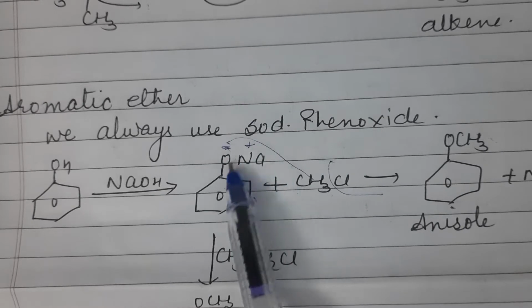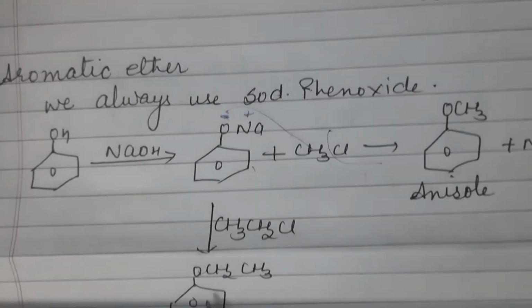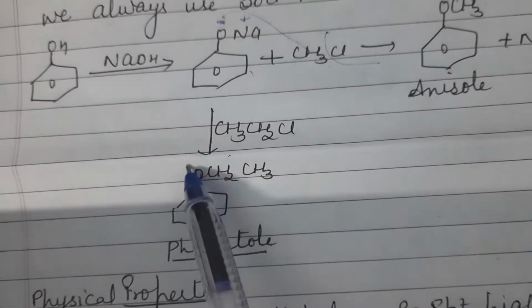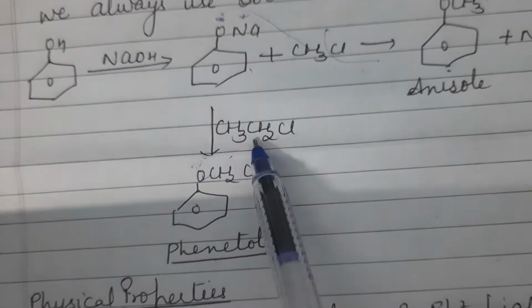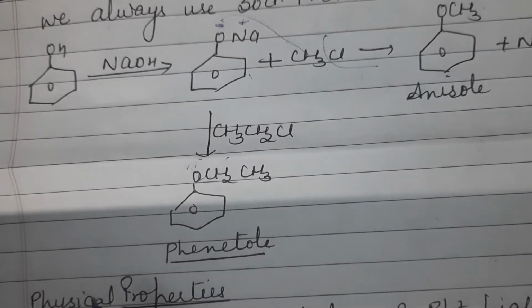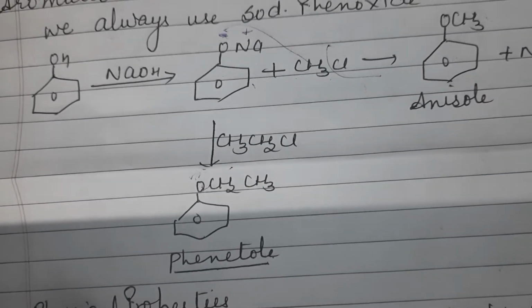When we treat sodium phenoxide ion with ethyl chloride, we get phenetole. Here again the same attack of oxygen on carbon takes place and halogen gets removed. This is the way by which you can prepare aromatic ether.